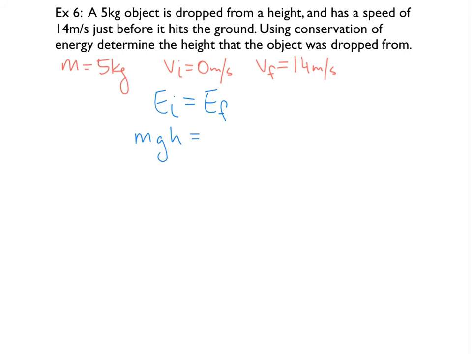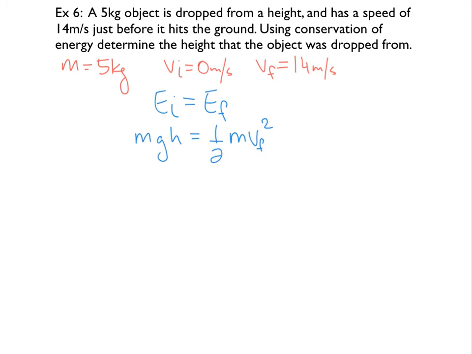Then as it's coming down, right before it hits the ground, it's going to be all kinetic. And so we can make these equal because of conservation of energy. You know it's going to be final minus initial, so this is final, as your initial is going to be 0.